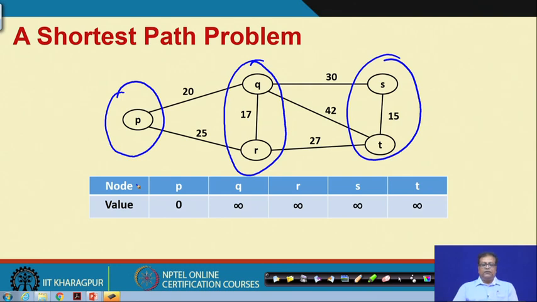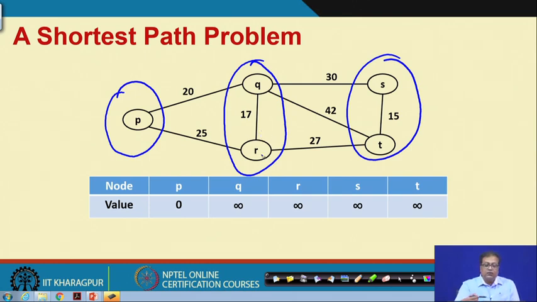But here there is a difference. If you remember, in the kind of problem that we had solved, there was no path within a cluster of cities. So in this case, if there had not been any path between Q and R, those methods would be very much applicable.